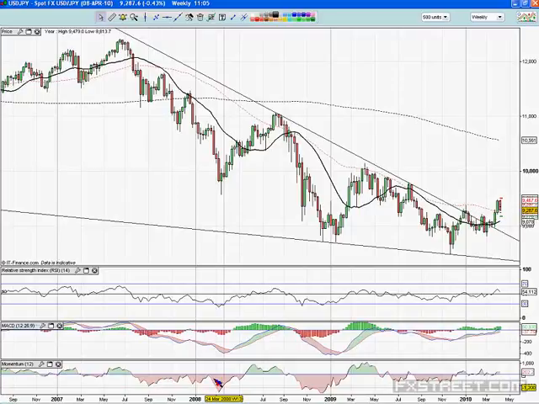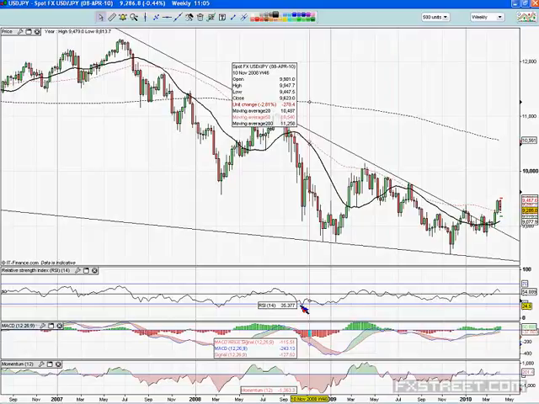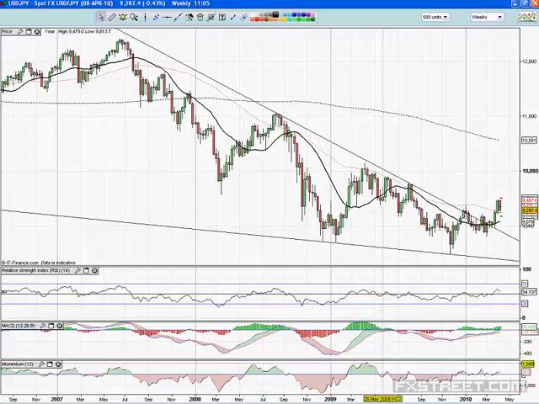If we're below zero, we're in the sell zone. Above zero, we're in the buy zone. We also look to our momentum indicator and our RSI for possible divergence. So this is how I set out my charts.